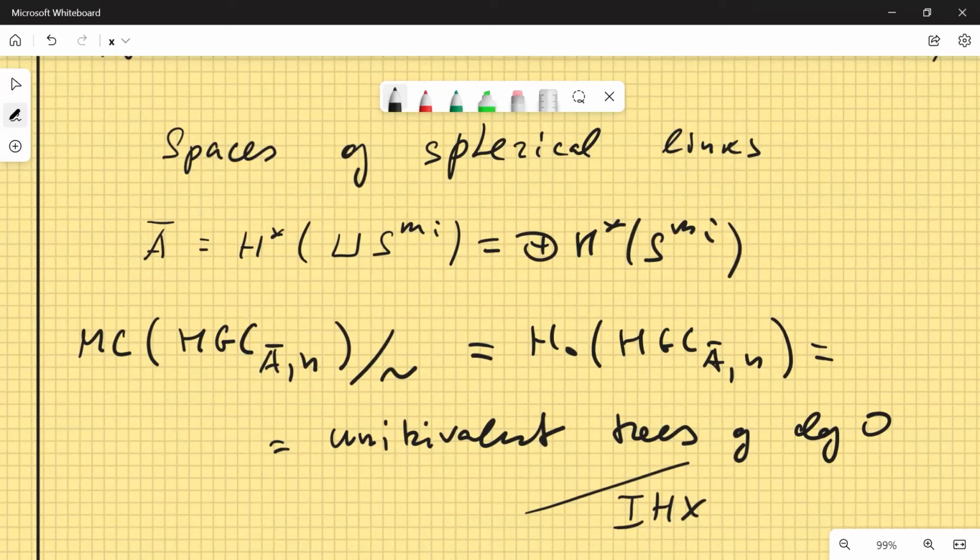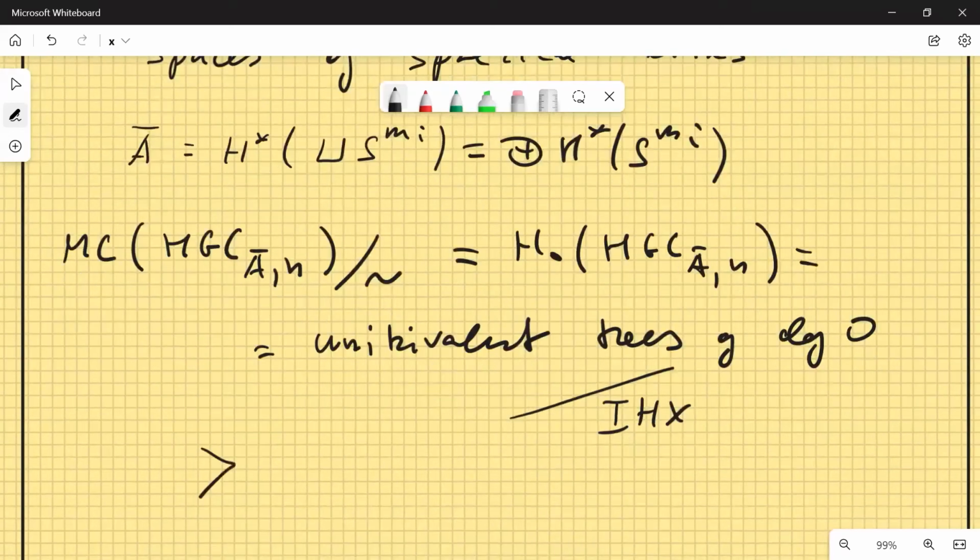So only the trees which are labeled by the top cohomology classes of the spheres are going to contribute. So you see that for the cohomology of a sphere, we have one class in degree 0 and one class in degree m_i. If we have a class in degree 0, this graph doesn't appear.